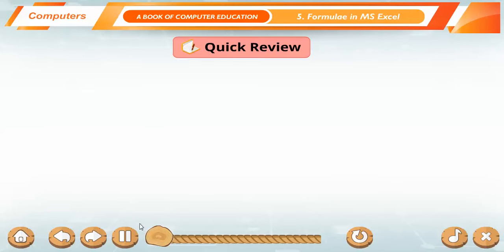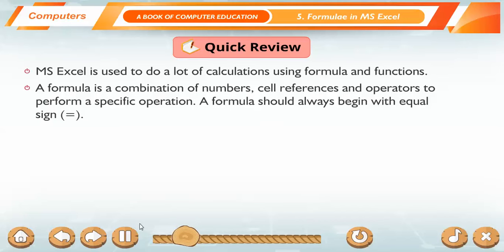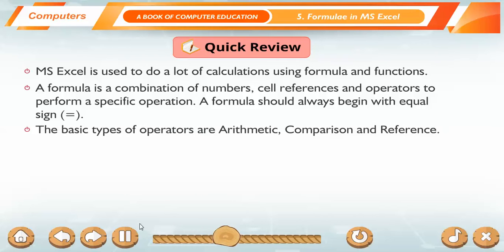Quick review. MS Excel is used to do a lot of calculations using formulae and functions. A formula is a combination of numbers, cell references, and operators to perform a specific operation. A formula should always begin with equal sign. The basic types of operators are arithmetic, comparison, and reference.